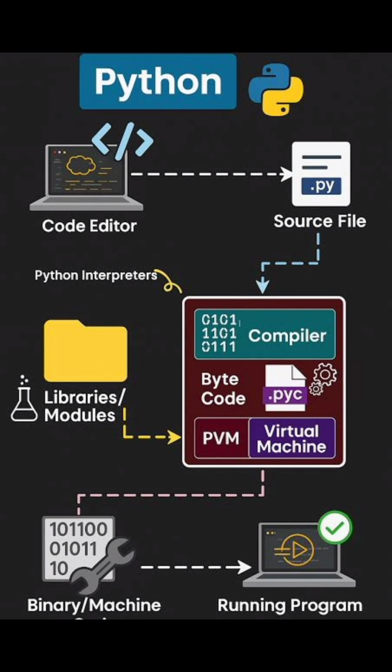So what does the PVM actually do? PVM opens the file with .pyc extension. There the bytecode is stored, and then it translates every line of the bytecode into machine understandable language and interacts with the hardware. Then the hardware performs the actual task and sends it back to the PVM.